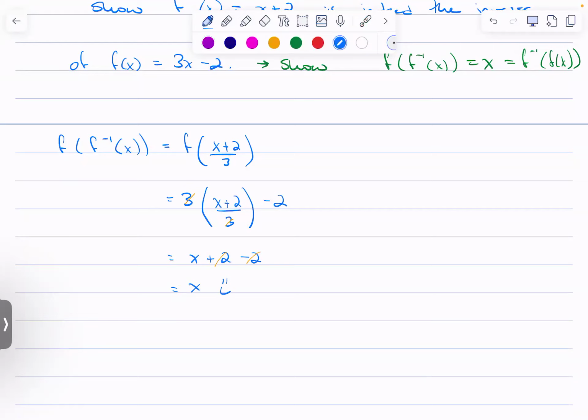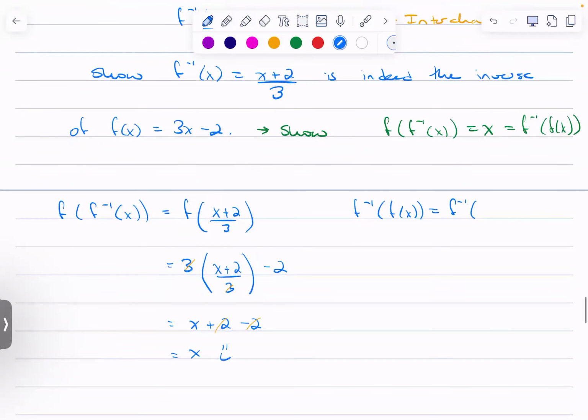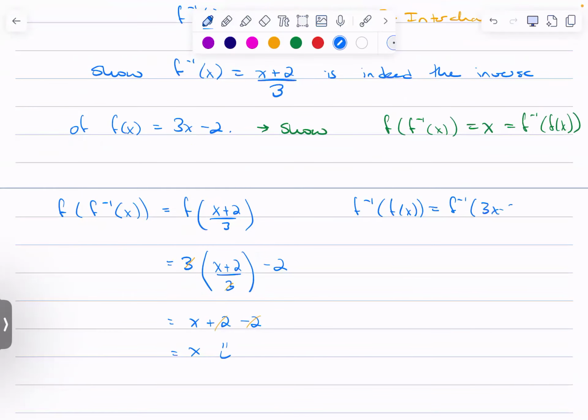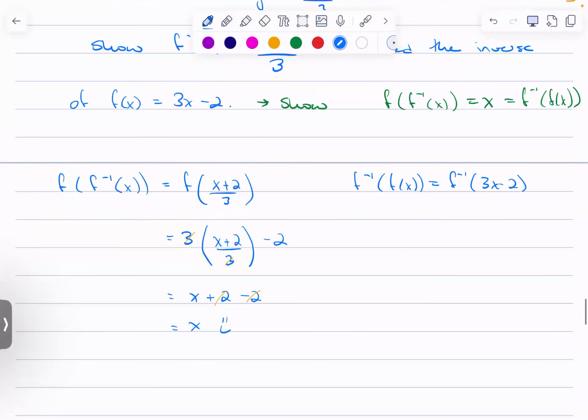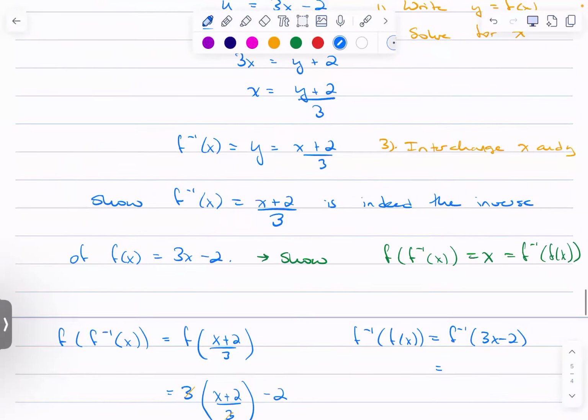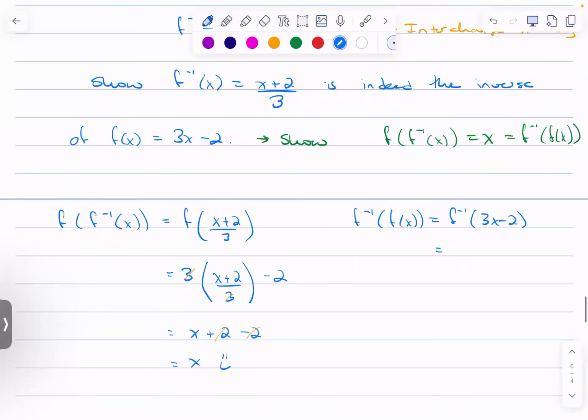And so the next one I need to do is f inverse of f of x, which is f inverse of 3x minus 2. Wherever I see an x in f inverse, I'm going to replace it with 3x minus 2. So 3x minus 2 plus 2 divided by 3.